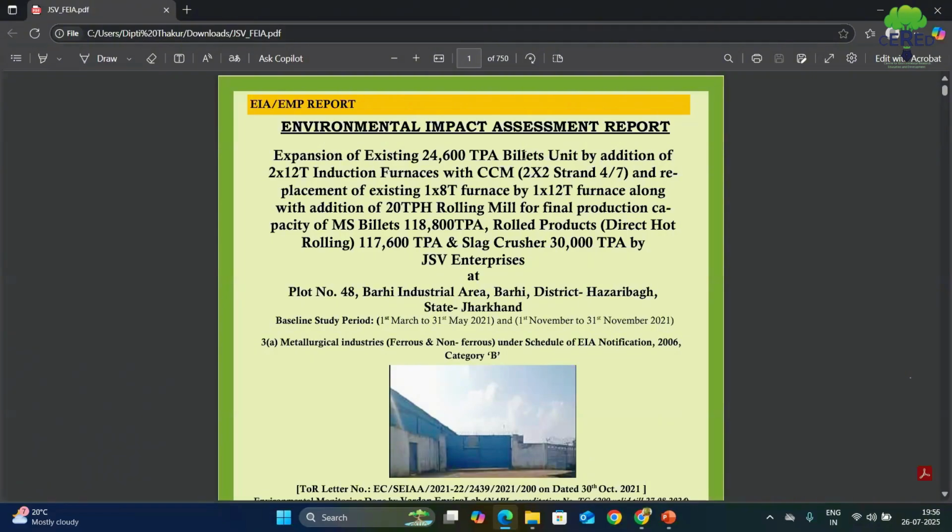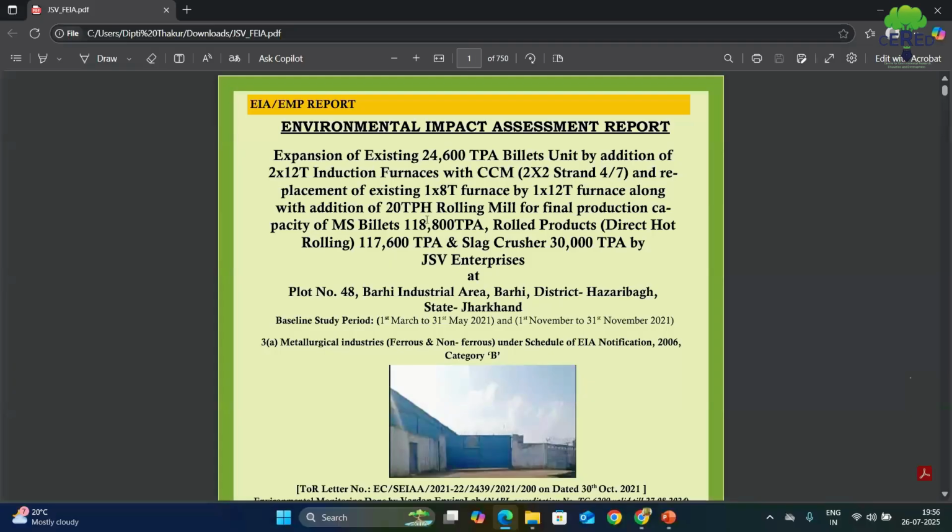a 24,600 ton per annum billet unit, but after a few years they wanted expansion in their plant. The expansion: they added 2 into 12 ton induction furnace, 2 into 2 stand 4 by 7, and replacement of the existing 1 into 8 ton furnace, which they have replaced by 1 into 12 ton furnace with addition of 20 TPH rolling mill.